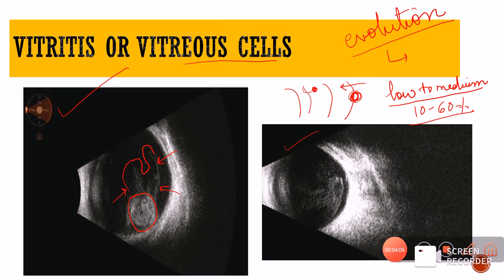A vitreous hemorrhage in which red blood cells are present is going to take its normal time and is usually slower to evolve into membranes compared to the vitreous cells or the inflammatory cells. So that is also one differentiating point between the two.